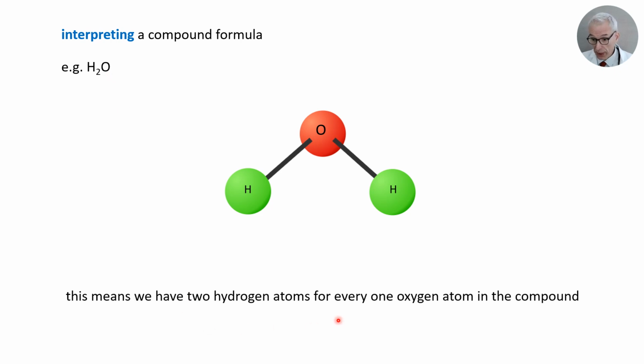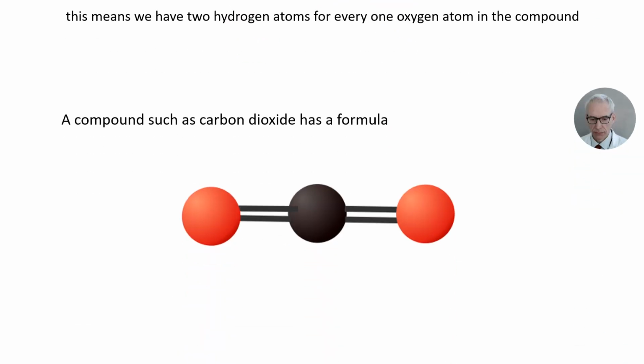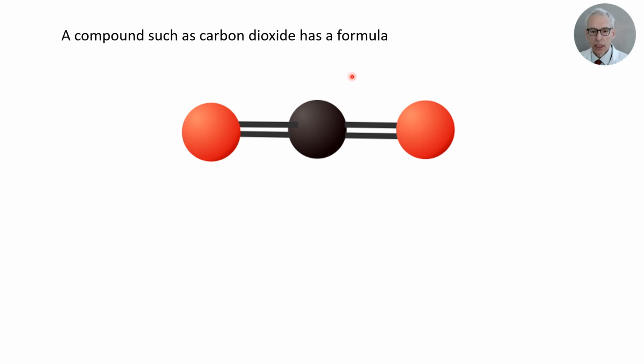So wherever we encounter water, the formula of water will always be H2O. That is 2 hydrogen atoms for every 1 oxygen atom in the compound. So if we look at carbon dioxide, we see we have essentially carbon and oxygens left and right.